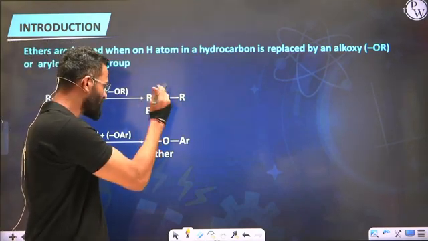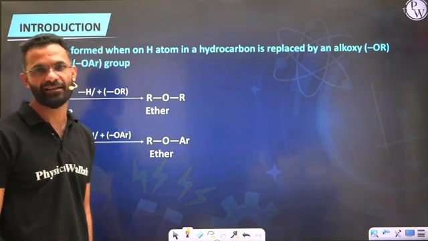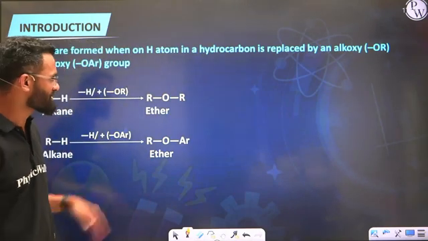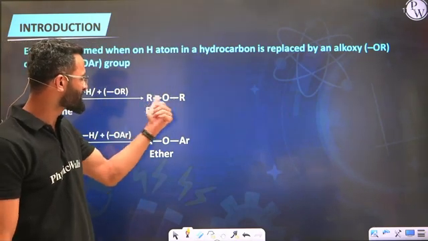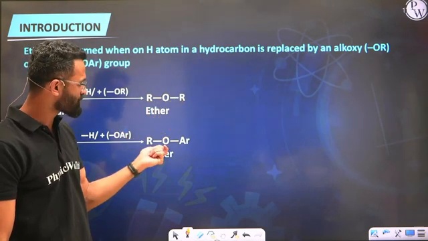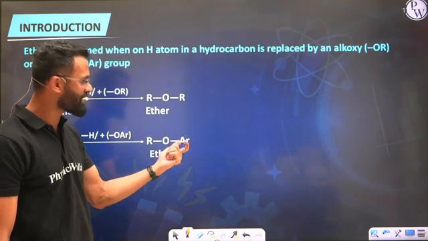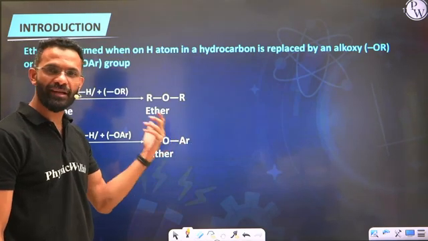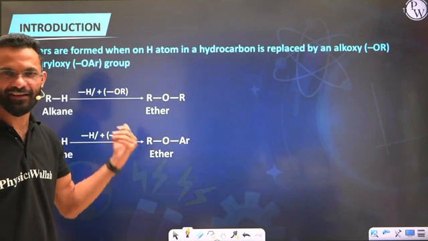Such a compound is known as an ether. In this ether, both valencies of the divalent oxygen are satisfied by alkyl groups. In this other case, one of the valencies is satisfied by an aryl group. Both can be considered ethers.